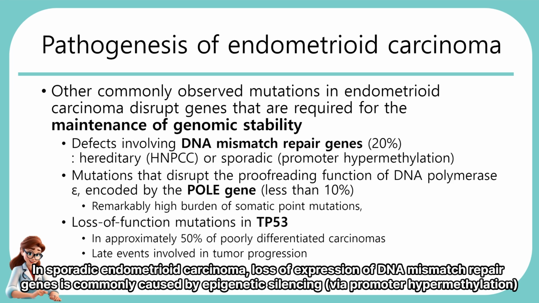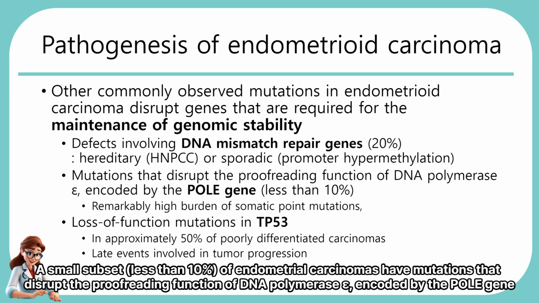In sporadic endometrioid carcinoma, loss of expression of DNA mismatch repair genes is commonly caused by epigenetic silencing via promoter hypermethylation. A small subset, less than 10% of endometrial carcinomas, have mutations that disrupt the proofreading function of DNA polymerase epsilon, encoded by the POLE gene.